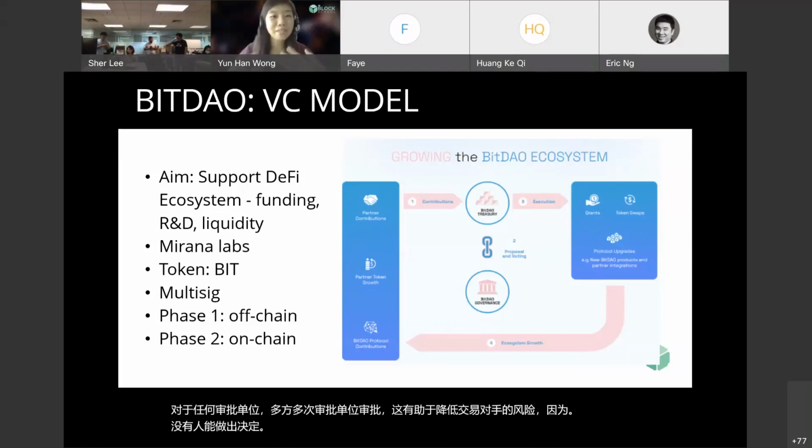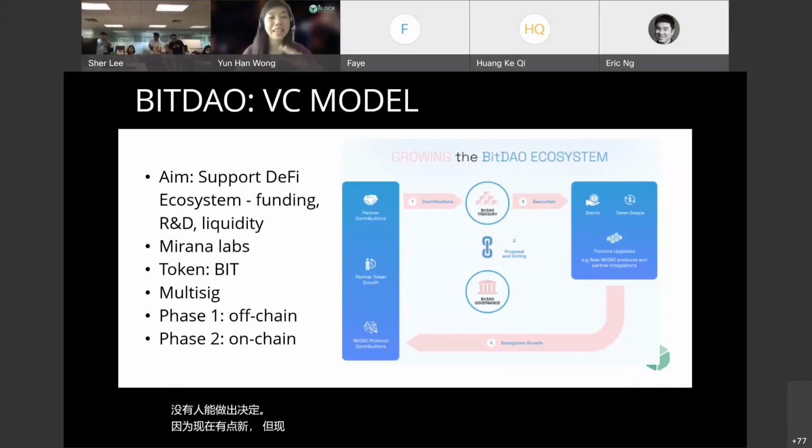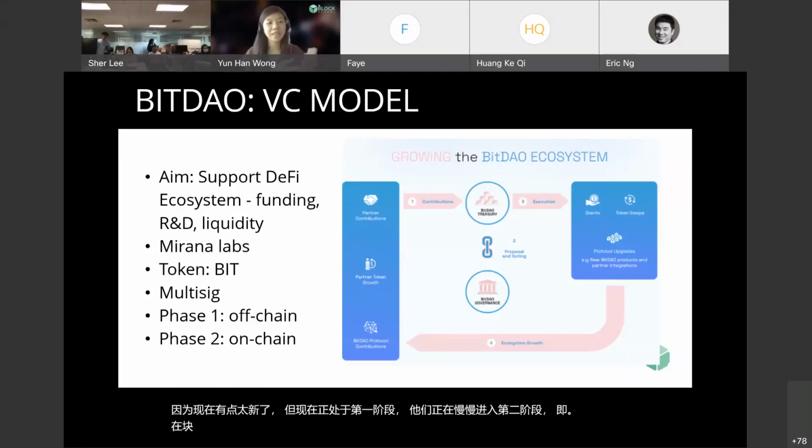And because BitDAO is so new, right now BitDAO is in phase 1, and they're slowly moving to phase 2, which is on the blockchain. Some of the decision making, some of the operations are now still off-chain, but in the future, BitDAO is planning to go fully on the blockchain, which is the essence of a DAO as well.